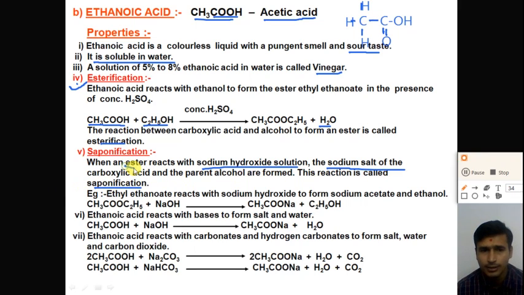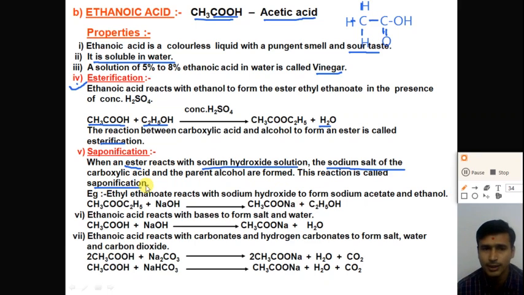So how does the ester form? By the reaction of a carboxylic acid and an alcohol we form the ester, and this ester reacts with sodium hydroxide solution, forming the sodium salt of the carboxylic acid and the parent alcohol. This reaction is called saponification, right?